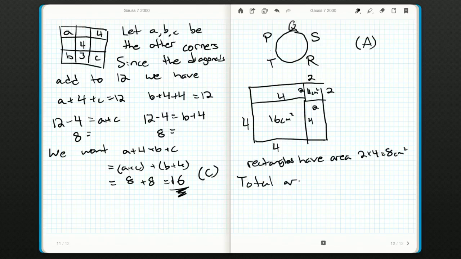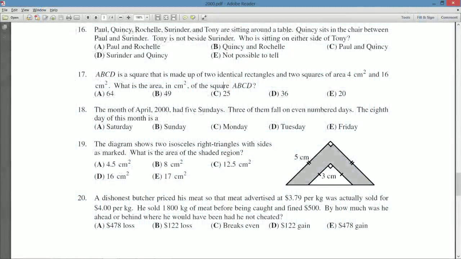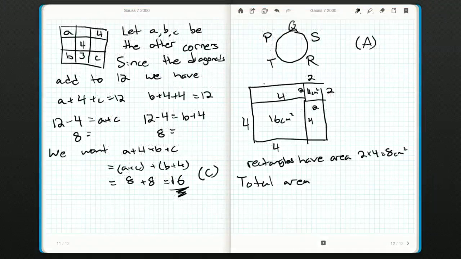Now I want the total area of this big square, right? I want the total area, not the side length or anything like that. What is the area in centimeters squared of the square ABCD? Okay. Well, I could say, okay, well, with this 2 here, I'm going to have 2 plus 4, so side length 6 here, side length 6 here.